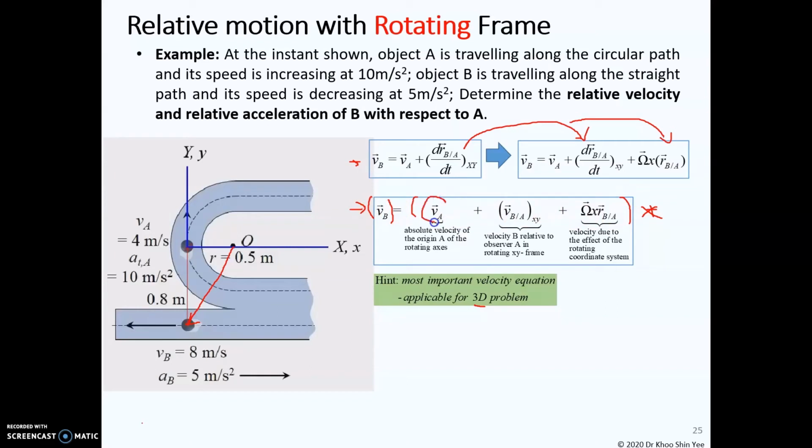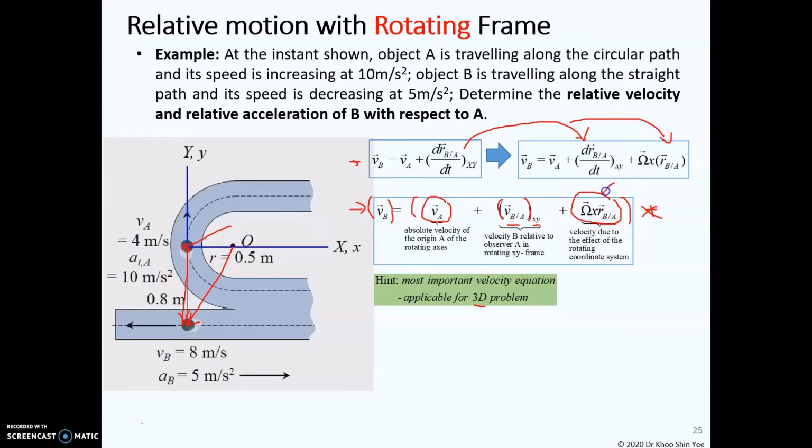So you have VA, which is the absolute velocity of A. Then you have the relative velocity VB/A that is measured from A. If A is a rotating frame, then the relative velocity that you measure is in small letter xy. Lastly, you need to consider the rotating effect of the frame.